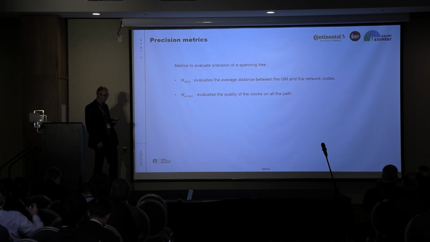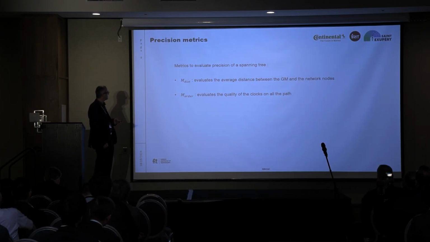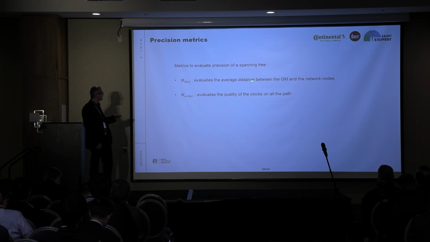Metrics. Here we again have two potential approaches. We could look at the distance between the grandmasters and the network nodes, so the distance calculations, and we could look at the order, which is an evaluation of the quality of the clocks on that.